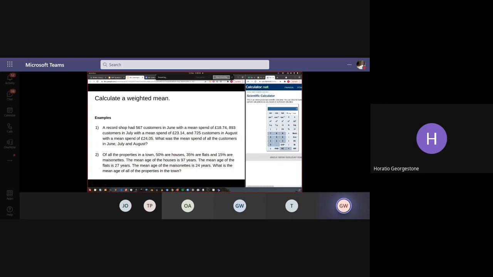And then the three subsets, it doesn't have to be three subsets, by the way, it's just that these two questions both have three, are houses, flats, and maisonettes. And we're told that 50% of the properties are houses, 35% are flats, and 15% are maisonettes. And then we're told the mean age for each subset, and we have to work out the overall mean age for all the properties.